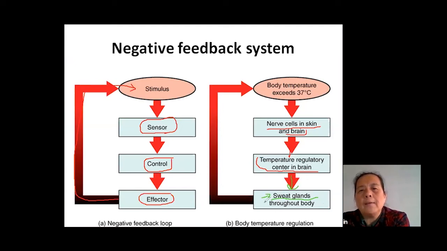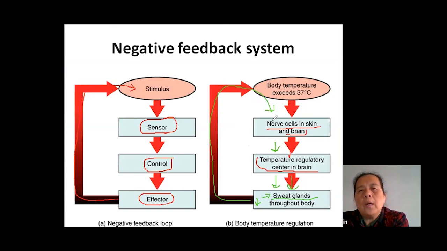So the temperature goes lower, and then they receive information again. Now the temperature is low, and they send that to the control center, and the control center stops the sweating.